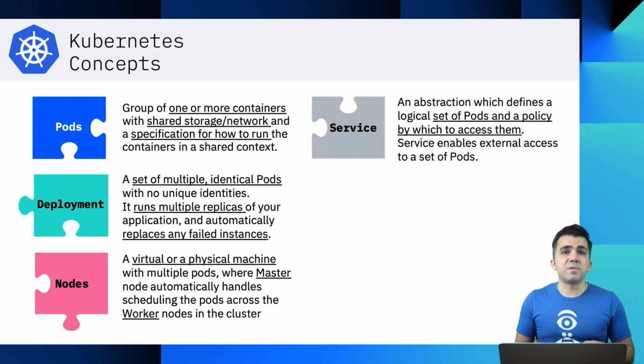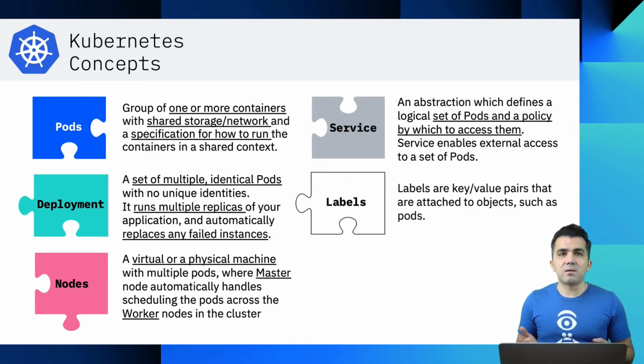Service basically enables external access to a set of pods. It is an abstraction which defines a logical set of pods and a policy by which to access them. There are different types of services, as we'll explore later in this workshop.